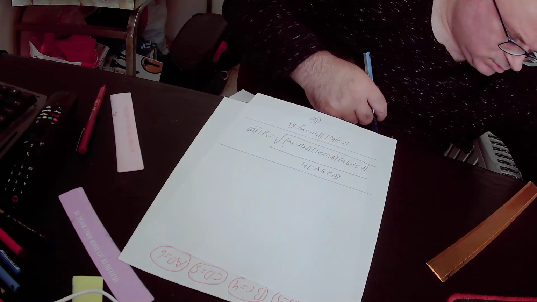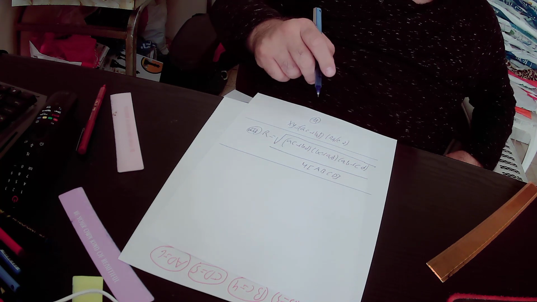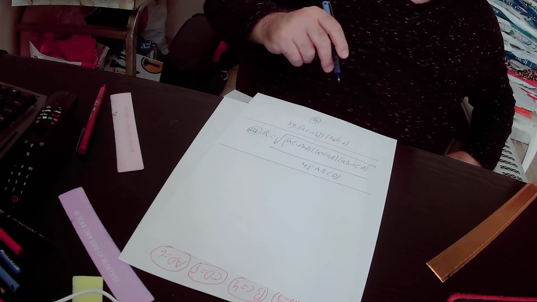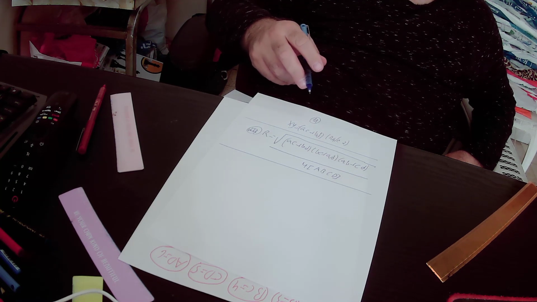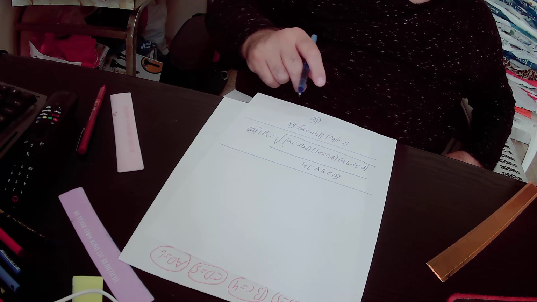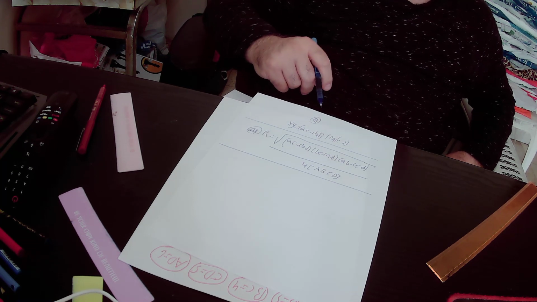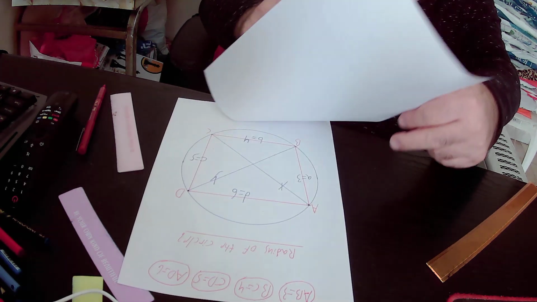So here the only thing that is left to find is the area of quadrilateral ABCD, and then we will have all the values of all the variables here. We already found out the area of quadrilateral ABCD, but I will repeat the same process.